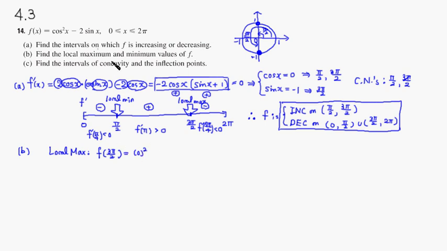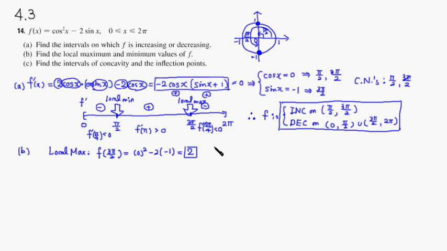Then negative 2 times the sine of 3 pi over 2, which is negative 1. So negative 2 times negative 1 is positive 2. So this is the local maximum value.